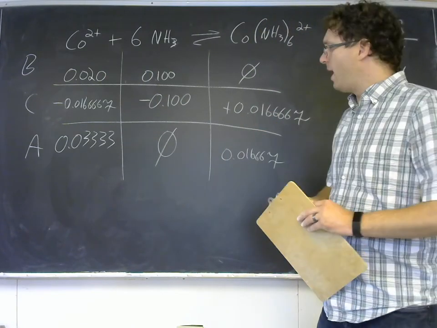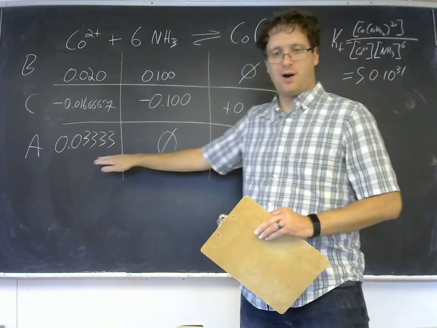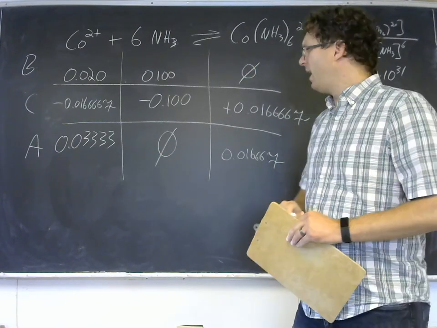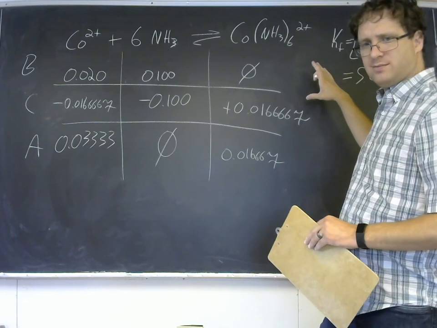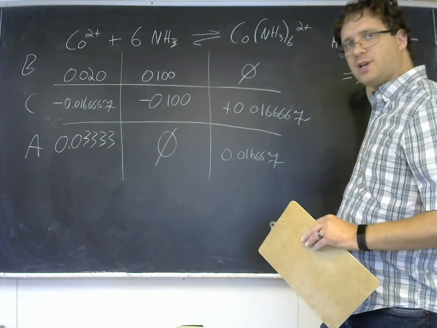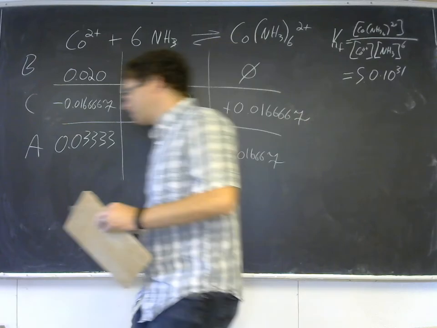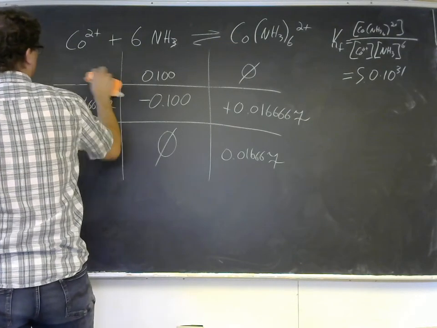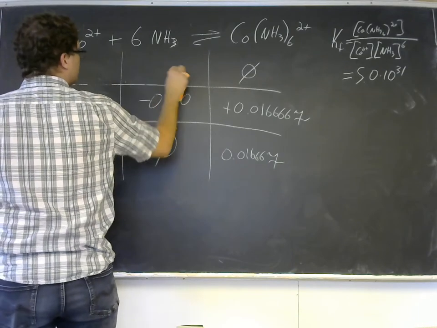And what we'll do is take these numbers now and put them in an ICE table. I normally like to do a second ICE table to the side, but I just don't have enough board space, so I'm going to have to erase some things here. So we'll erase all of this.